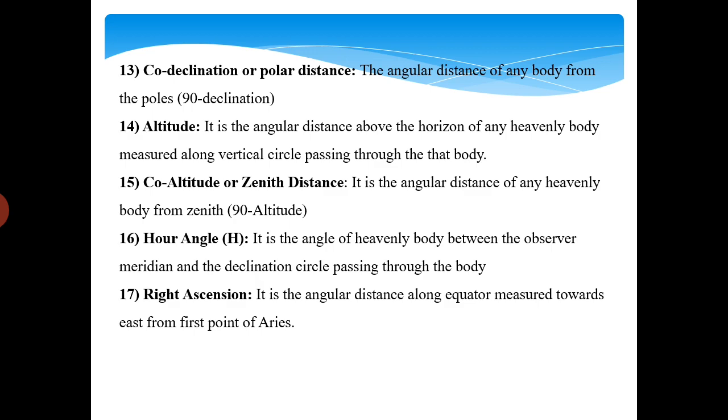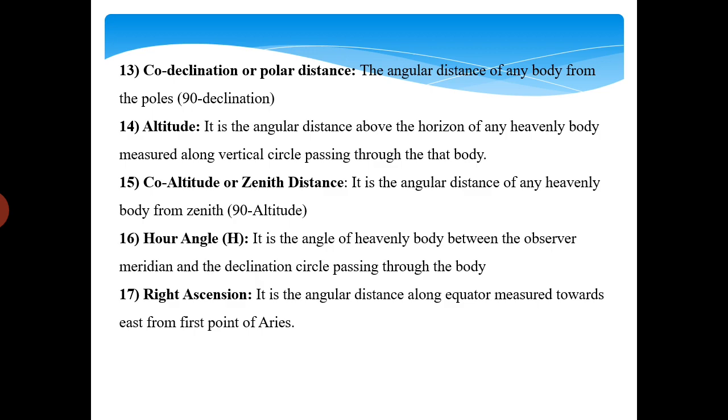A vertical circle is the circle passing through the zenith and nadir points, and altitude is the angular distance of any heavenly body above the horizon, measured along the vertical circle passing through that body. Co-altitude, also known as zenith distance, is equal to 90 degrees minus altitude.